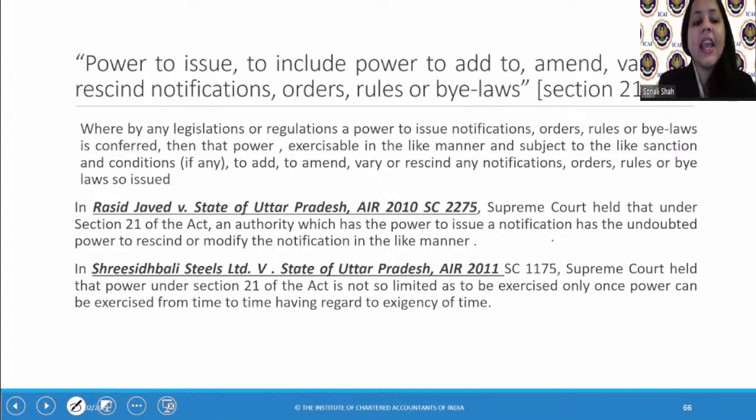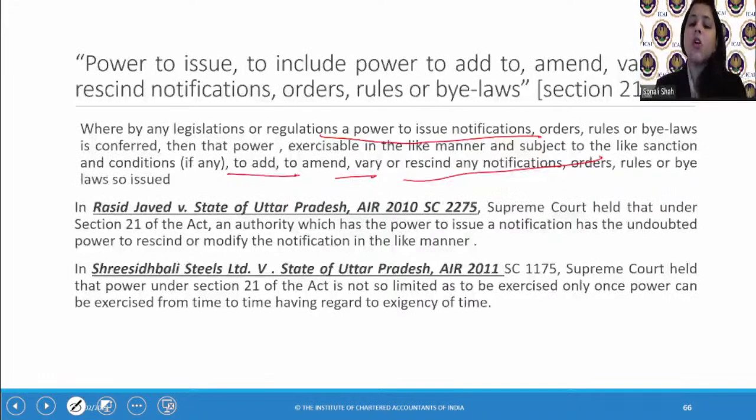So 21 says, where by any legislation or regulation a power to issue notification, order, rule, or bylaw is conferred, then that power is exercisable in the like manner and subject to the like sanction and condition, if any, to add, amend, vary, or rescind any notification, order, rule, or bylaw so issued. So these things can either be expressly provided for in law, or if it has not been provided for, it will be deemed to include the power to amend, vary or rescind notification. Correct? Is that clear?